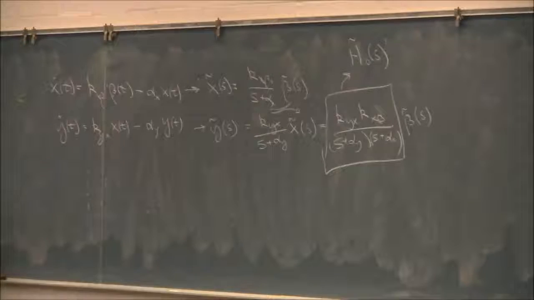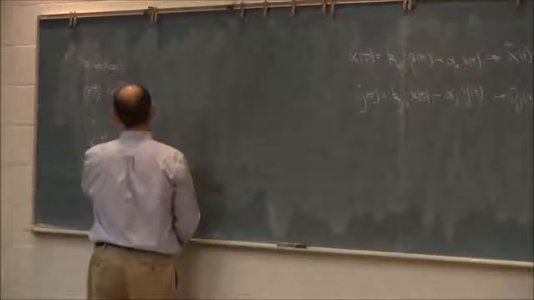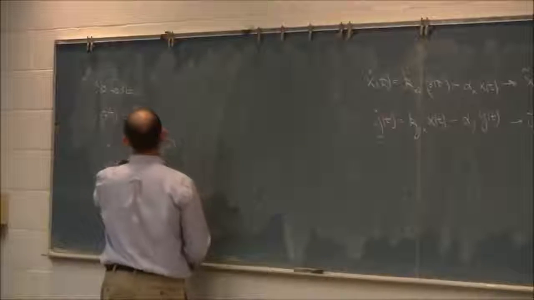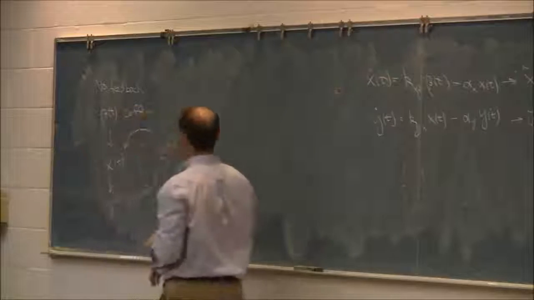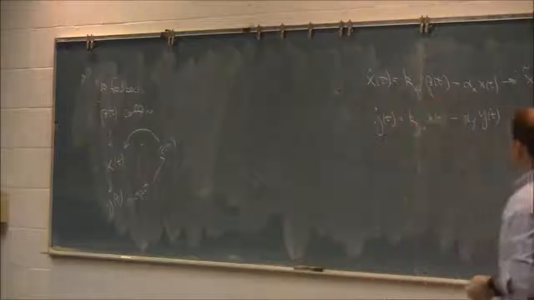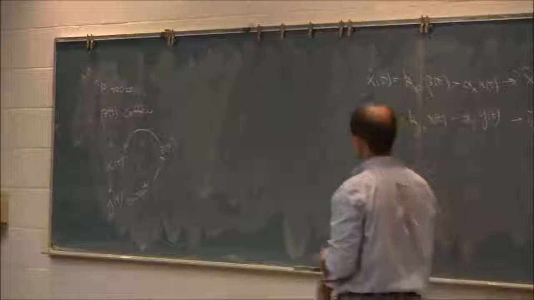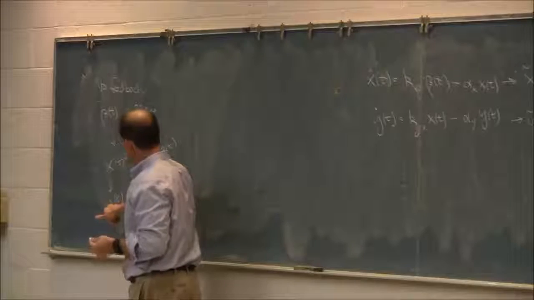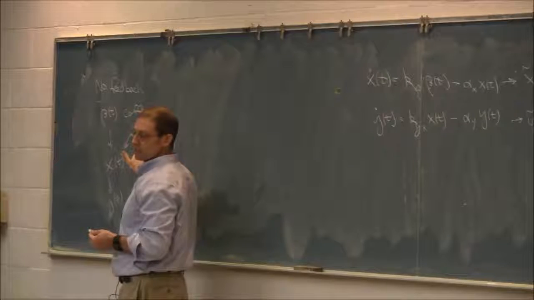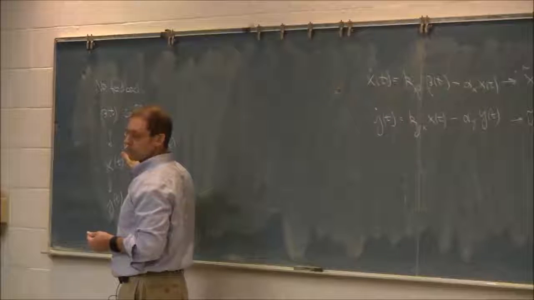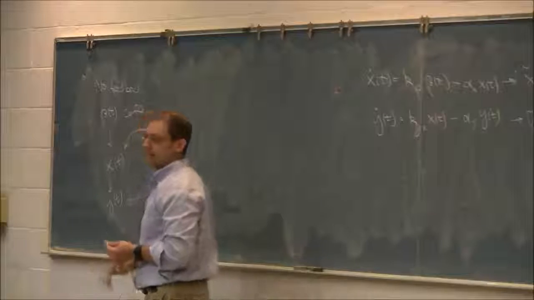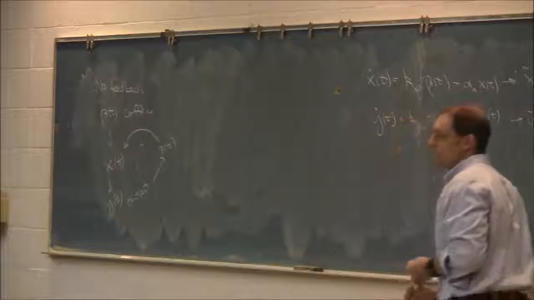All right. So now what we're going to do is add some feedback. So we're going to say that as a model for the cascade, this output activates another signaling protein Z that then feeds back to X. So we're going to add a feedback loop.